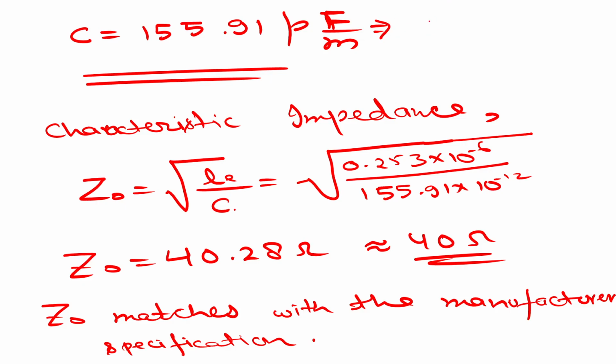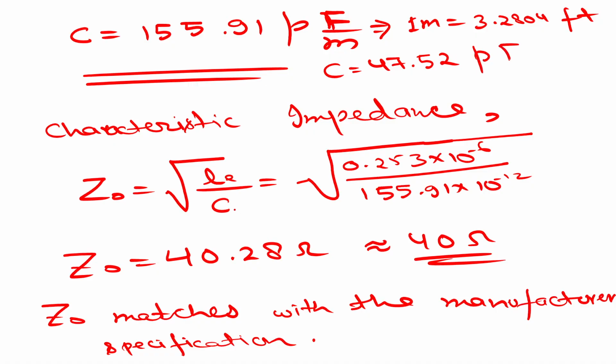As a conversion, 1 meter is 3.2804 feet. These are standard units, so there won't be any ambiguity here. So we can easily convert it into picofarad per feet. When you convert it, it comes out to be 47.52 picofarad per feet.